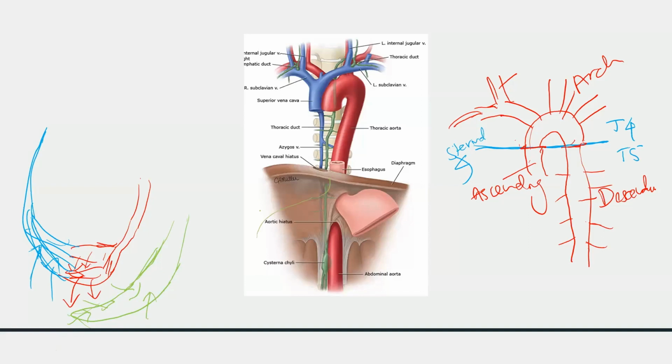All lymph from all over the body enters this thoracic duct. It travels in the posterior mediastinum like this, enters the superior mediastinum, and enters the veins at the junction of the internal jugular vein and the subclavian vein, the brachiocephalic vein.